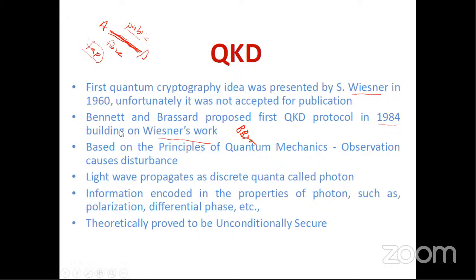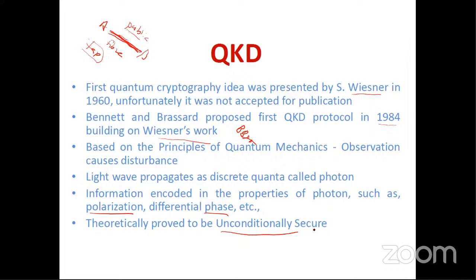So what are the properties of a photon used for transferring information? That is polarization or phase. We will see how these are used, and it is proven that theoretically it is unconditionally secure because this is based on the laws of quantum mechanics. If you see our current systems, RSA and others, they are based on the hardness of some mathematical problems.